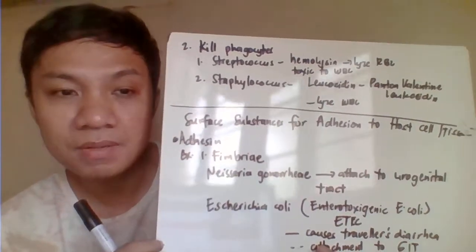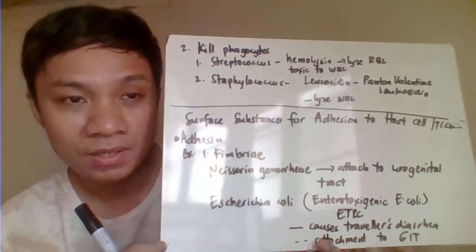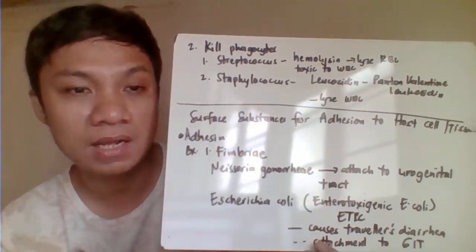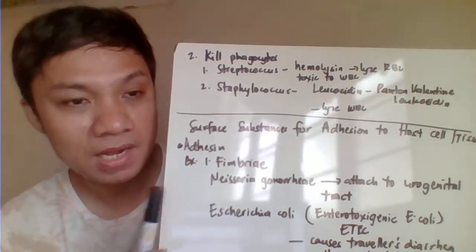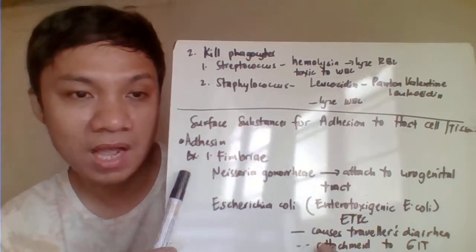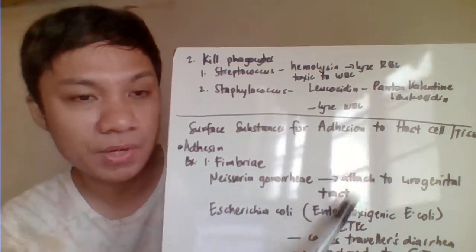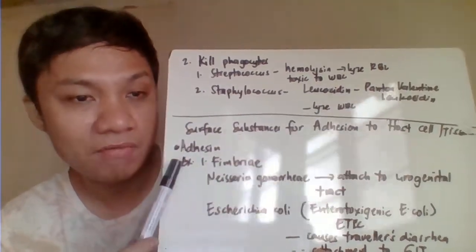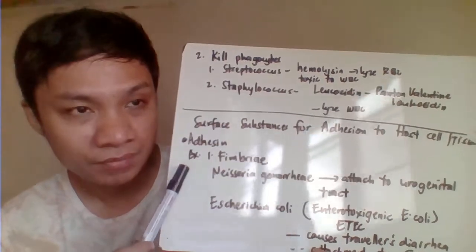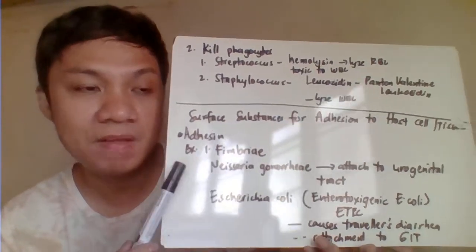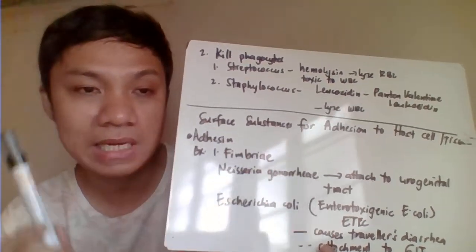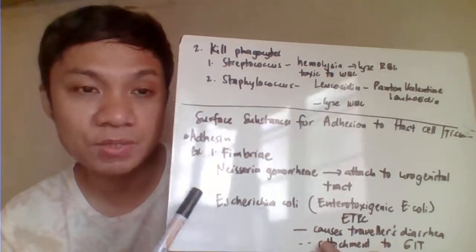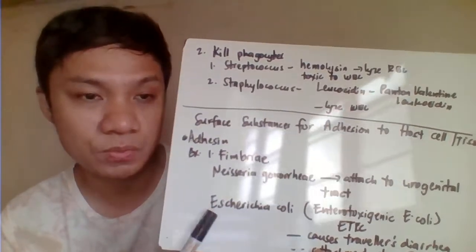The second mechanism that serves as a virulence factor of your bacteria to cause disease is primarily its ability to attach to your host tissue or cell by adhesive proteins in the form of adhesins. Example for that, we have your fimbriae. Fimbriae here are not for motility. They allow the attachment of your bacteria to your host tissues.